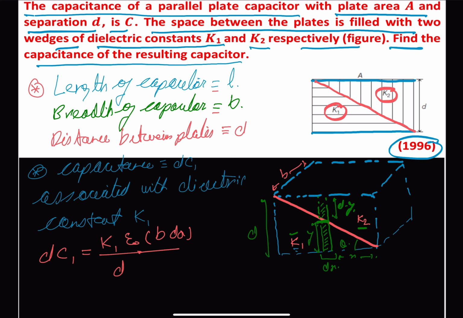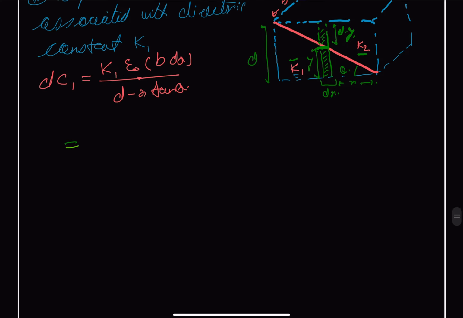This comes as y, tangent of theta, and this can be written as d minus x tangent of theta. So we can write this as K1 epsilon naught B times dx over d minus x tangent of theta, and tangent of theta will be equal to d upon L.